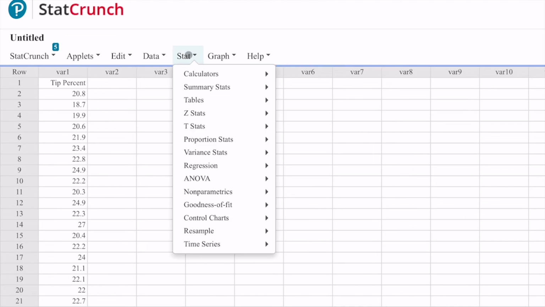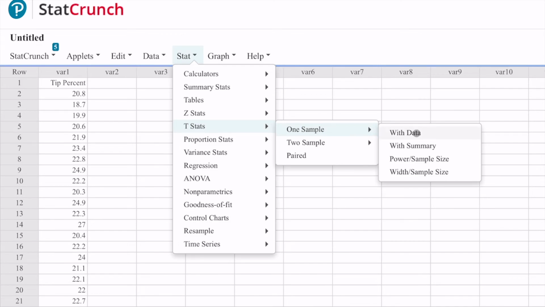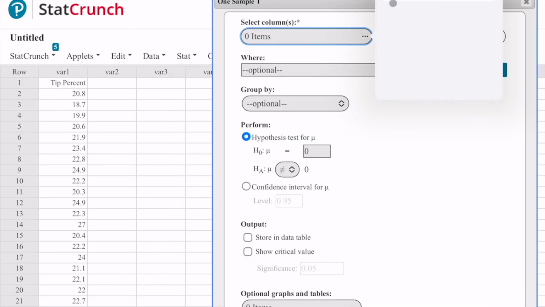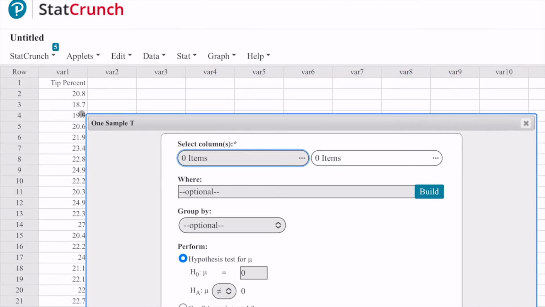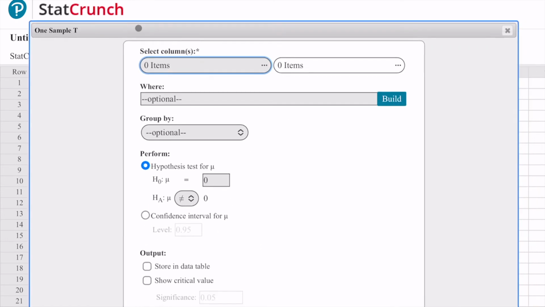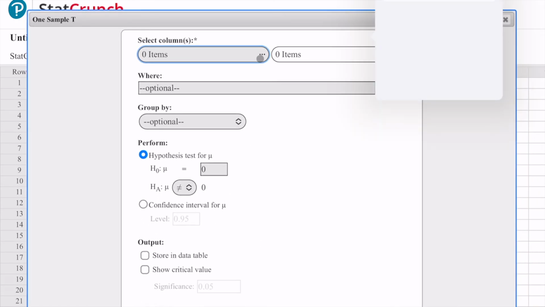Here we go. We're going to go to Stat, go to T-Stats, one sample, this time with data. Under columns, we're going to select Variable 1.